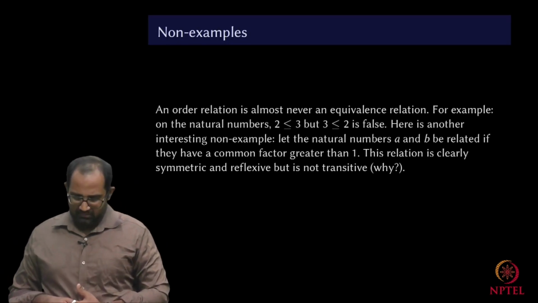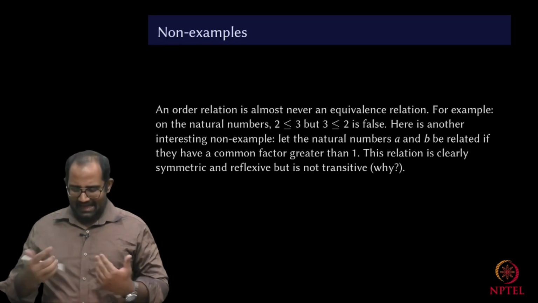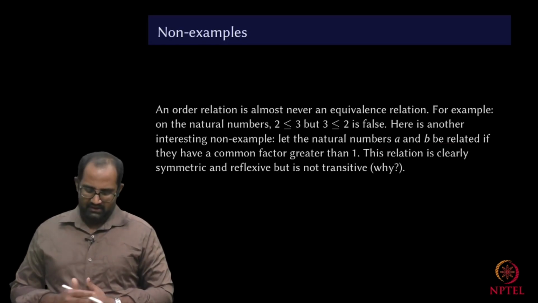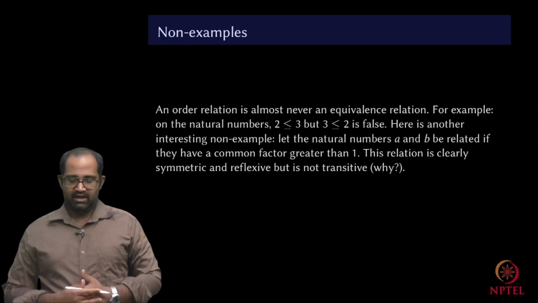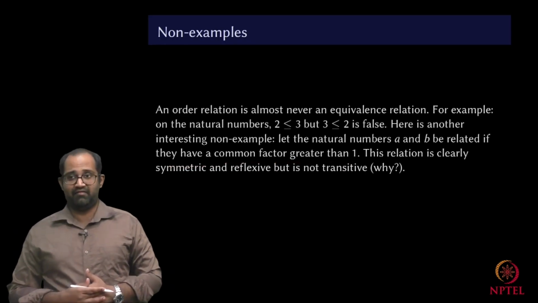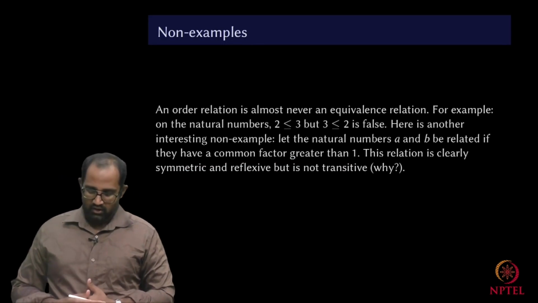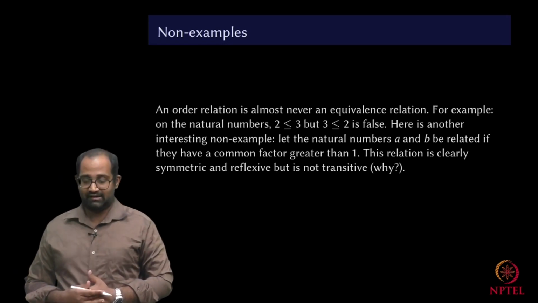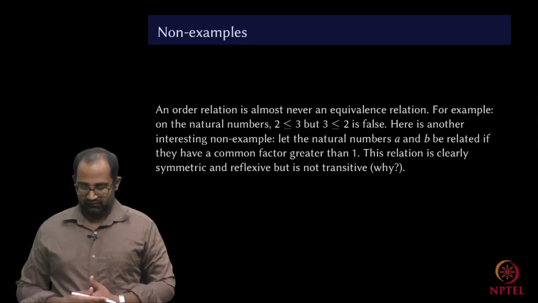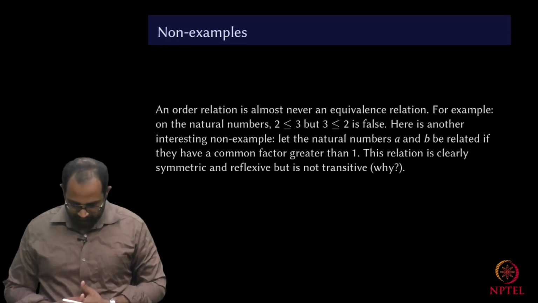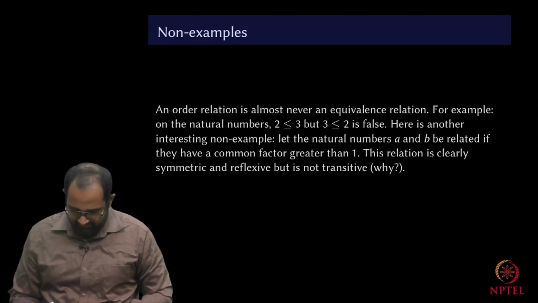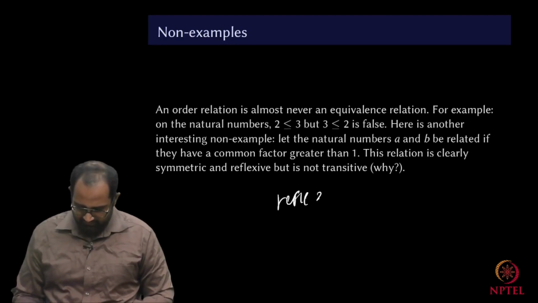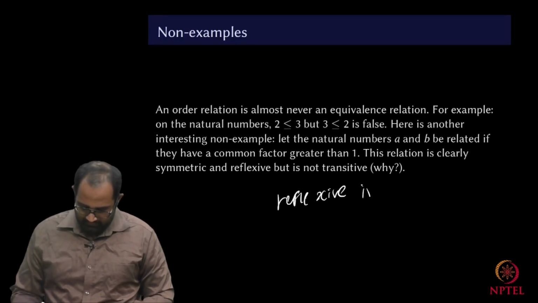Consider the natural numbers once again and declare that a and b are related if they have a common factor greater than 1. So, a and b are related if there is a common factor that is higher than 1. Now, notice that this relation is clearly reflexive if a is not equal to 1.